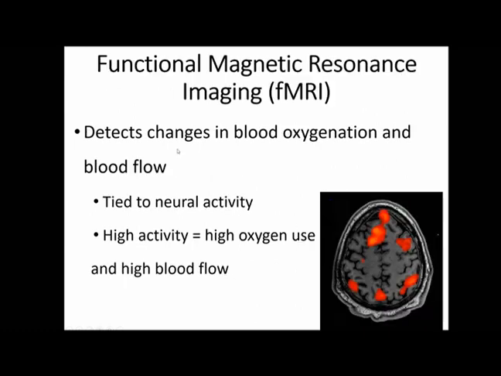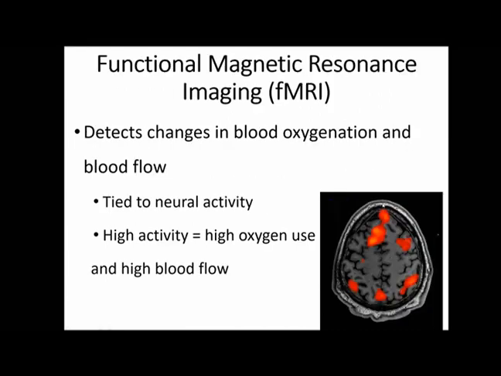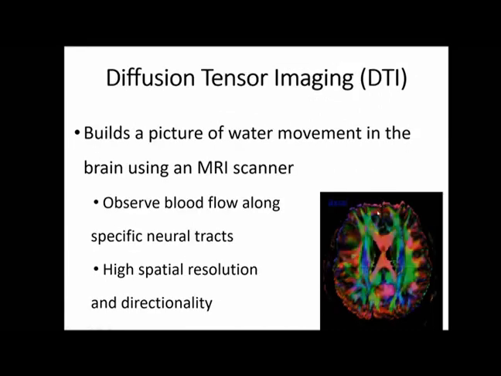So it's kind of working along the same idea as our fMRI, but this time, instead of just telling us which part of the brain is presently active, it's going to give us an idea of movement. And that's the cool part. So if you look over here, it's a little bit difficult to see until you know what it is you're looking at. But we have the general shape of the brain.